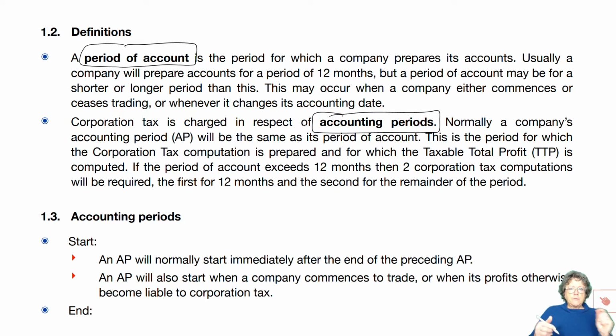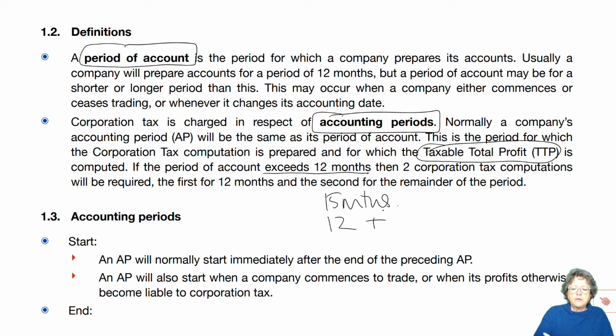But when you are working out the TTP, which is the total taxable profits, sometimes if you have a long period of account, then you need two accounting periods, because an accounting period can never exceed 12 months. If you get one that's, say, 15 months long because they've changed their accounting date, then it would always be 12 plus the balance.